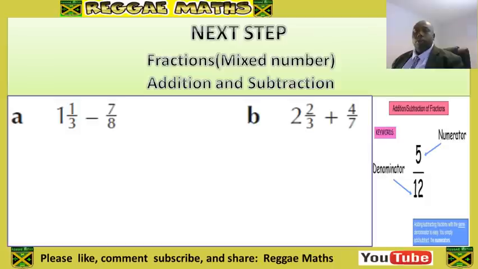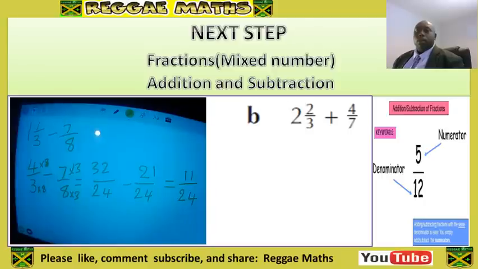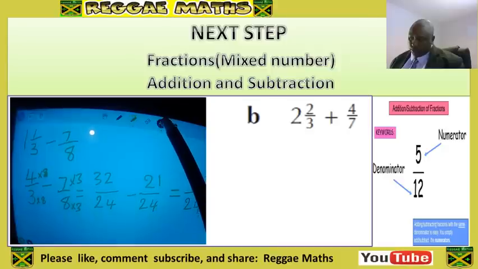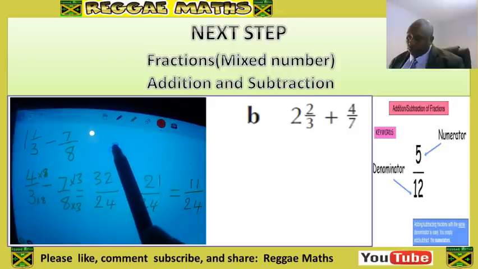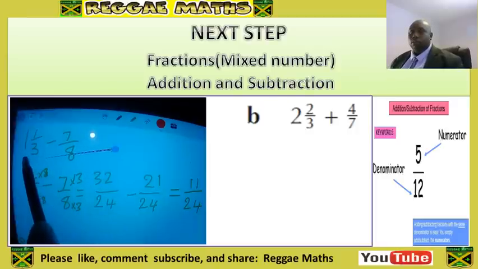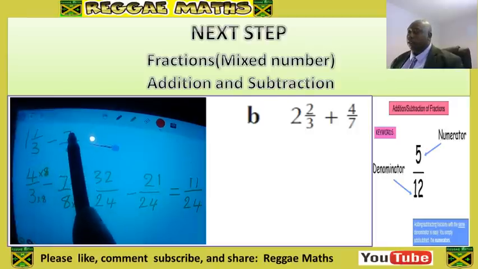Okay, so if we look at A here, you've got 1 and 1/3 take away 7/8.